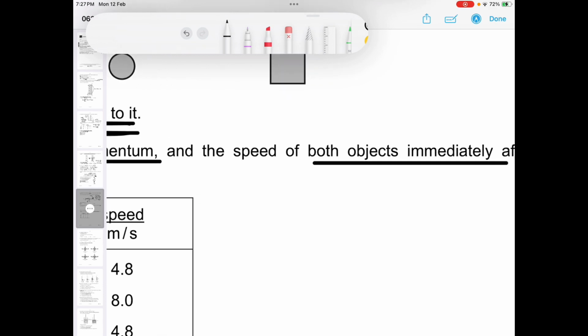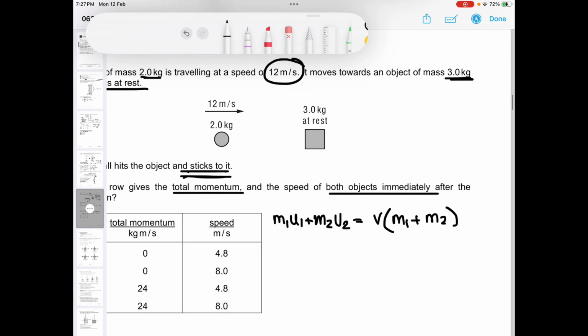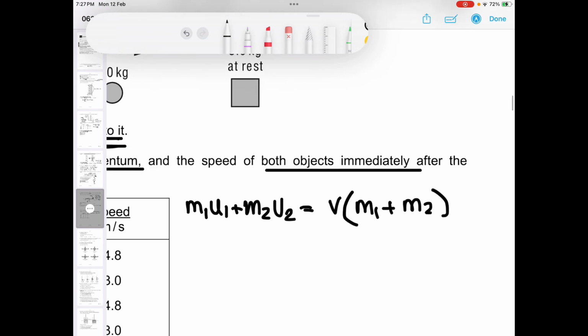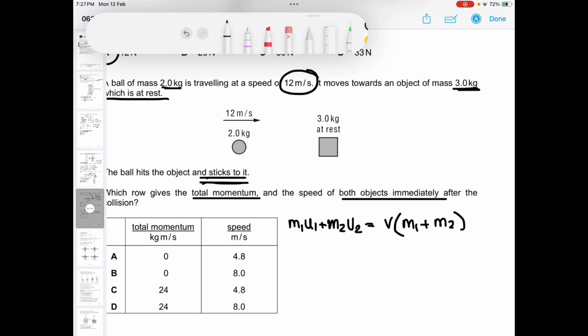So, here we need to apply the law of conservation of momentum, which is momentum before collision equals momentum after collision. M1 U1 plus M2 U2 is equal to V, the final speed, times M1 plus M2. Now what I did here is the rule for sticking together and the law of conservation of momentum.